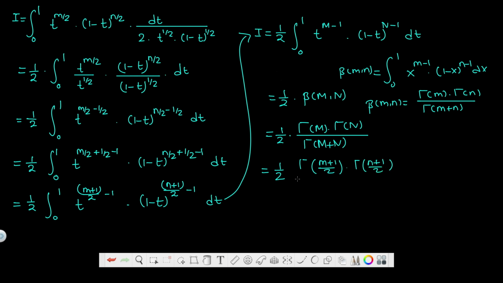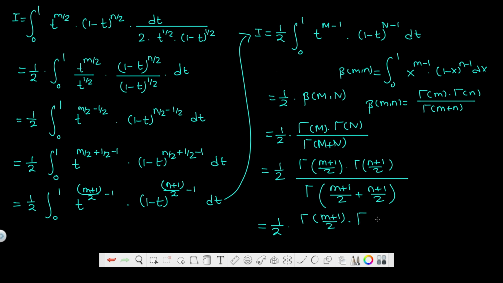So substituting the same thing here, we will get 1 over 2 times gamma m plus 1 over 2 times gamma n plus 1 over 2 over gamma m plus 1 over 2 plus n plus 1 over 2, which is gamma m plus n plus 2 by 2.